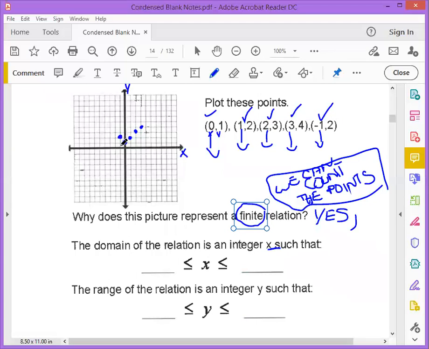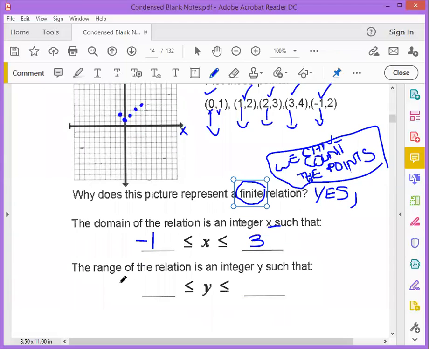The smallest number we have for our x coordinate, what will that be? -1. What's the largest number for our x coordinates? What's the highest number on the x-axis? The farthest we move is 1, 2, 3, right here. So our relation's domain would be between -1 and +3.